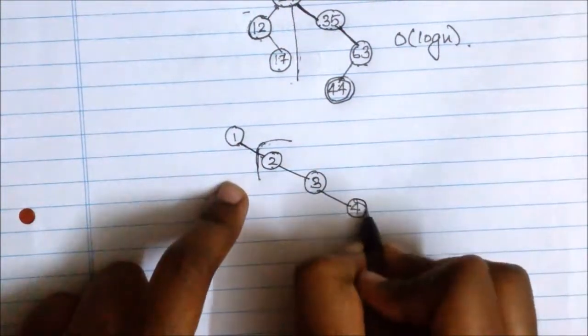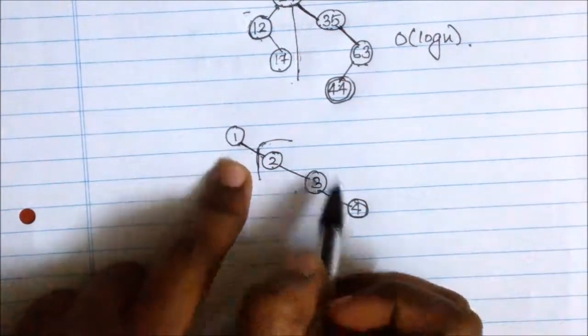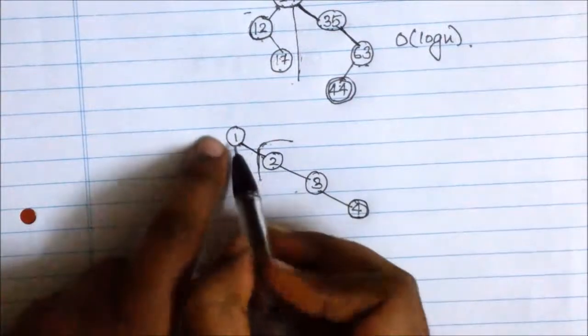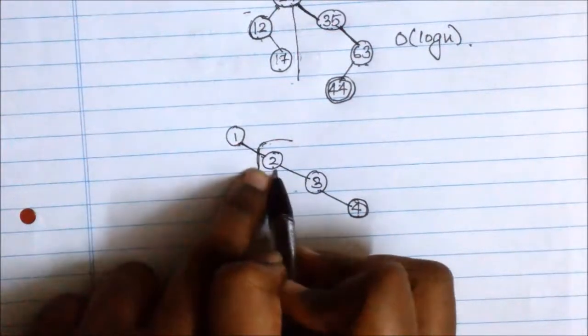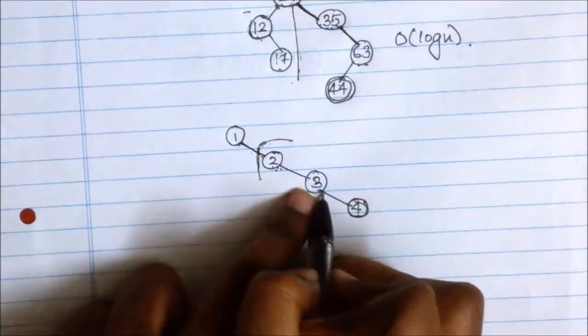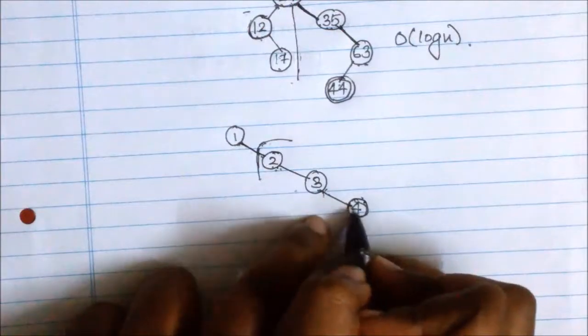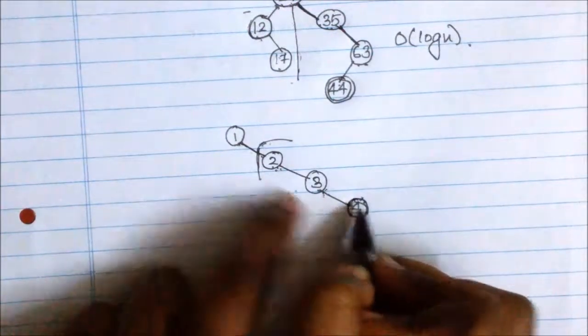And here if I wish to search element 4, I have to traverse the entire tree because first I'll compare 4 with 1, it is greater, so I'll move to the right. Again I'll compare 4 with 2, since it's greater, I'll move to the right. Again I'll compare 4 with 3, and since it's greater, I'll move to the right and the element is found.